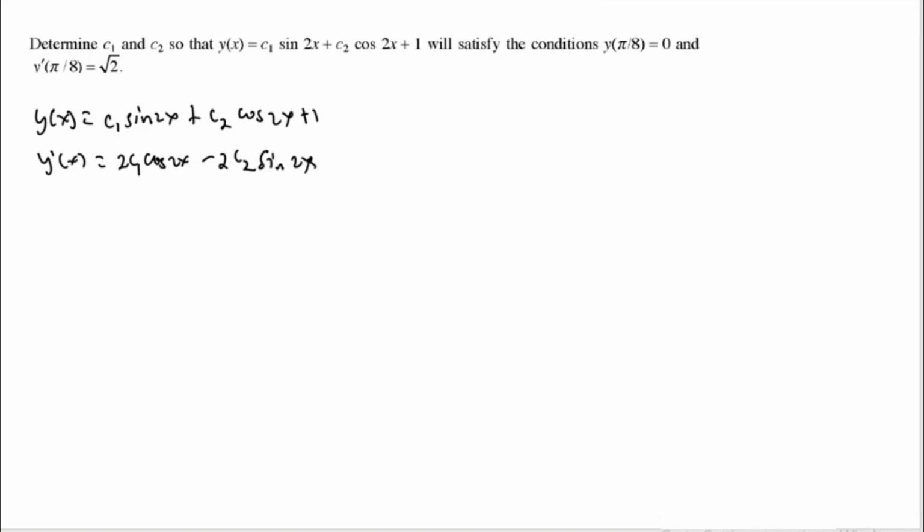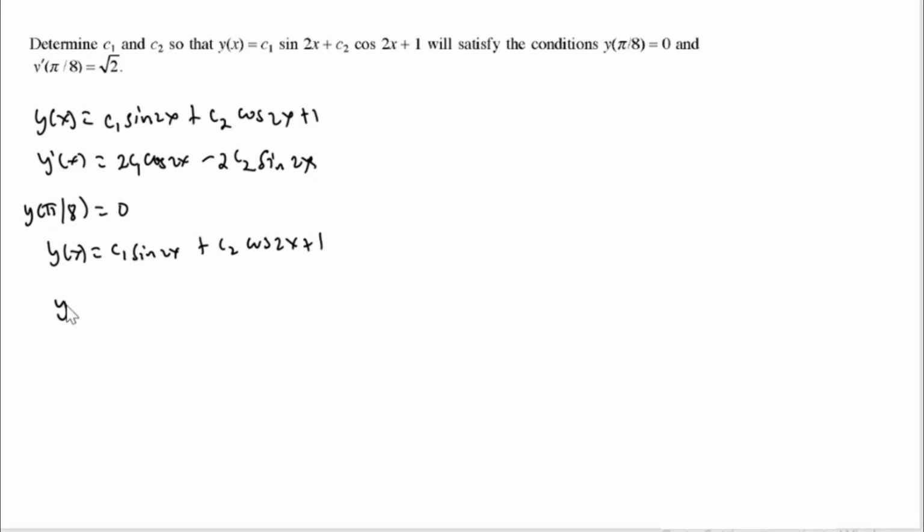Now, to satisfy the condition, we will use y of pi over 8 is equal to 0. From the original equation, y of x is equal to c sub 1 of sine 2x plus c sub 2 of cosine 2x plus 1, I will replace the value of x with pi over 8.